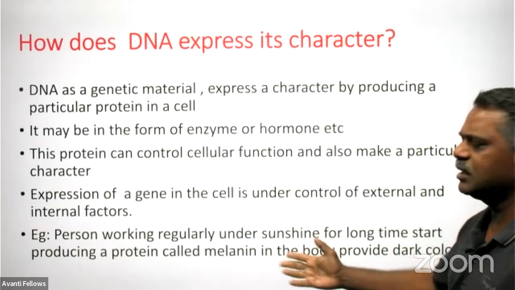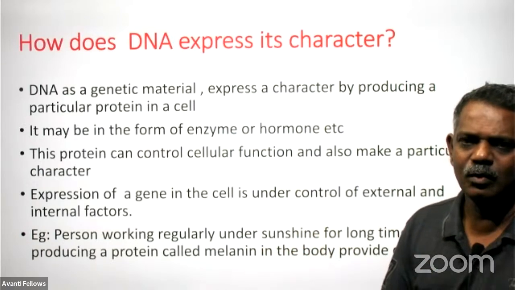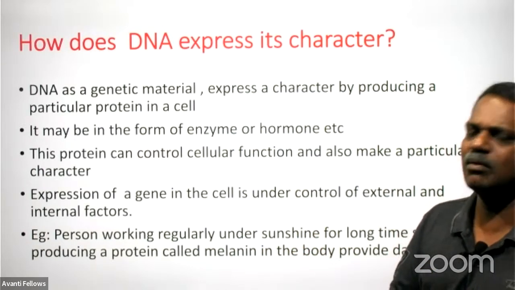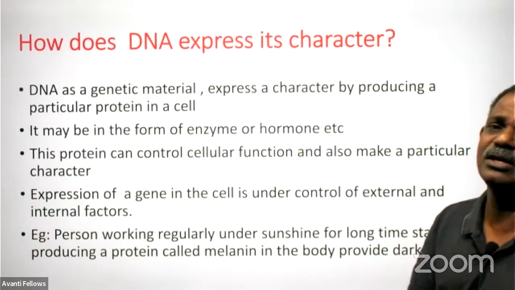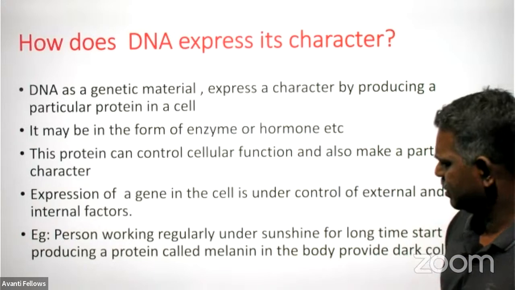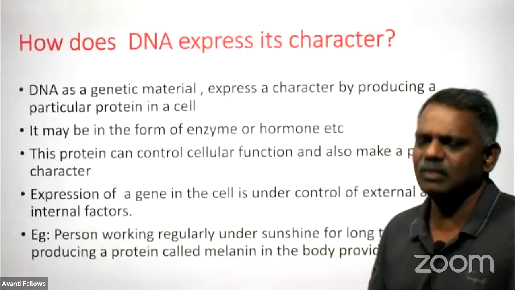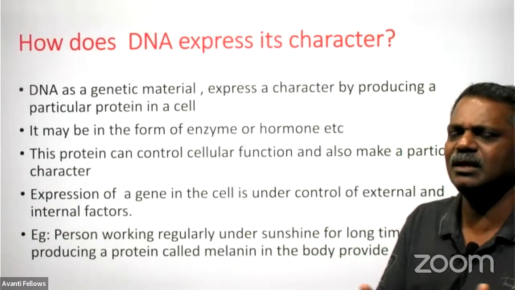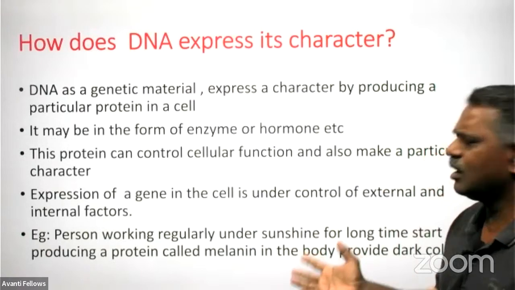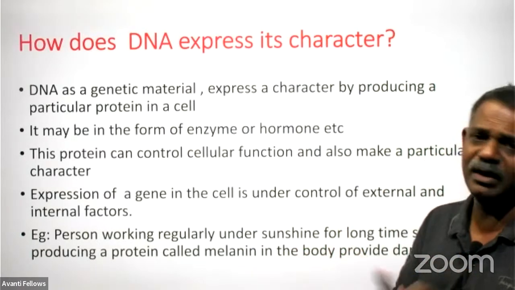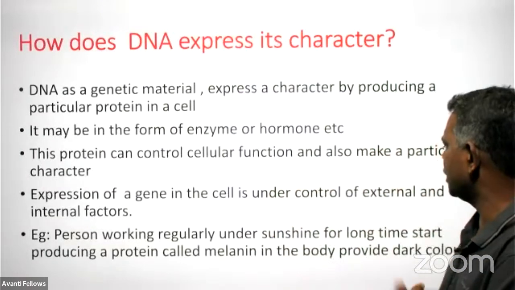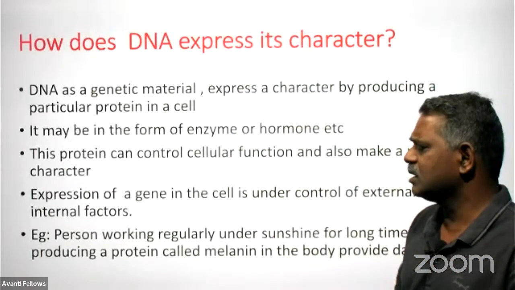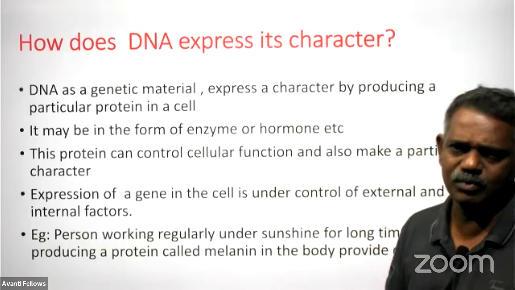That melanin is nothing but a protein. Who is producing such a protein in our body to make it dark and prevent such radiation? Some genes. Normally that gene is not expressing, but some factors present in our body or some external factors make the gene express.